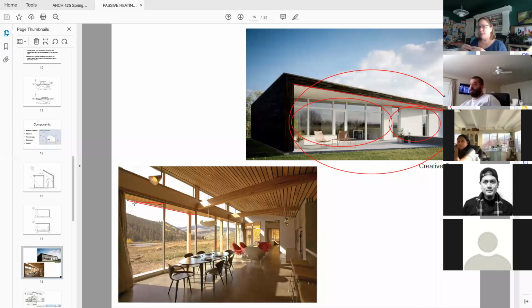And so we want a deeper overhang to keep more of the sun out more of the year. Okay, so look at your climate data and your solar sun angles to calculate your depth for your overhang.